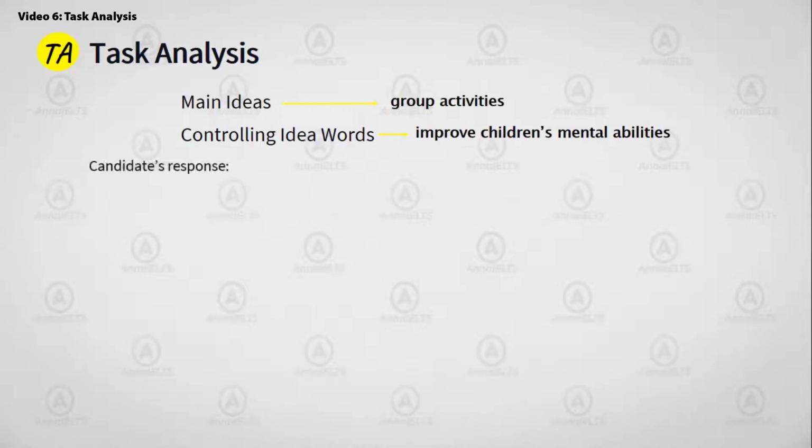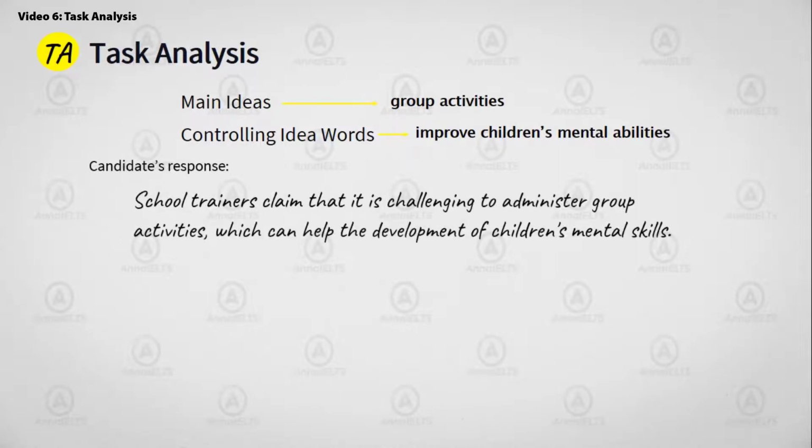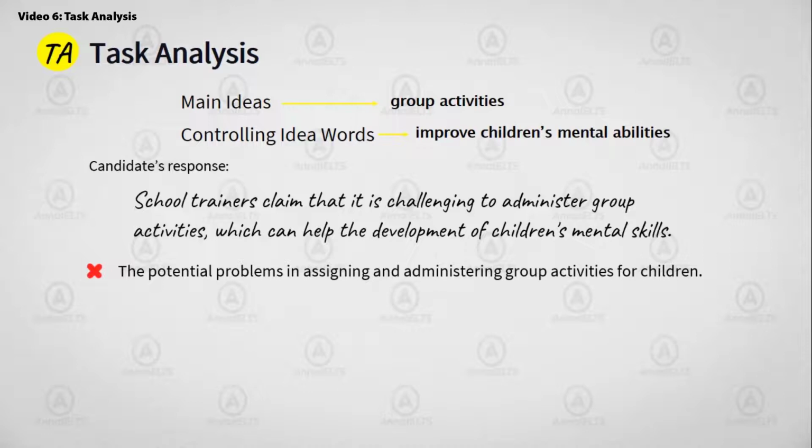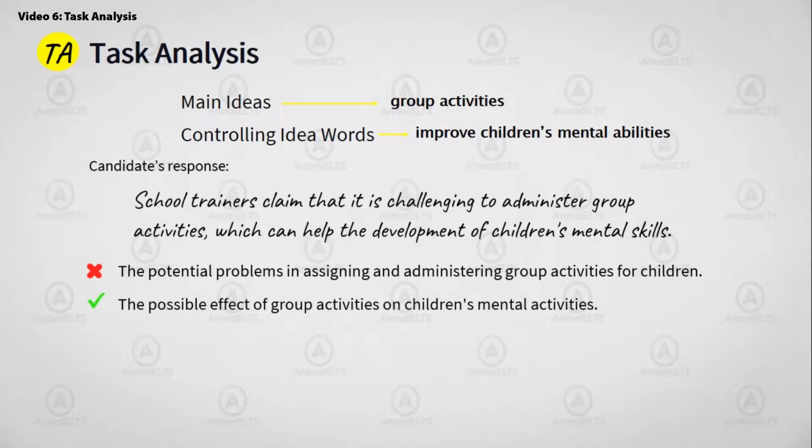Now let's take a look at some parts of the candidate response. School trainers claim that it is challenging to administer group activities, which can help the development of children's mental skills. Well, as you can see, here the candidate has wrongly written about the potential problems in assigning and administering group activities for children, while the question asks candidates to write about the possible effect of group activities on children's mental abilities.